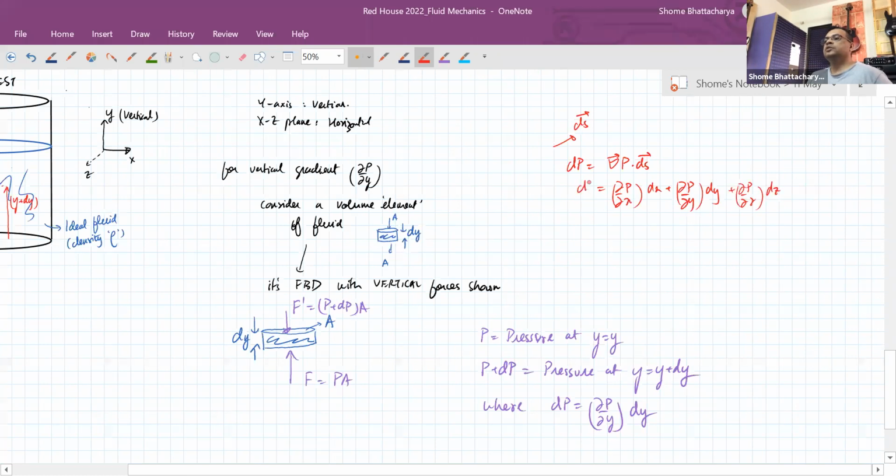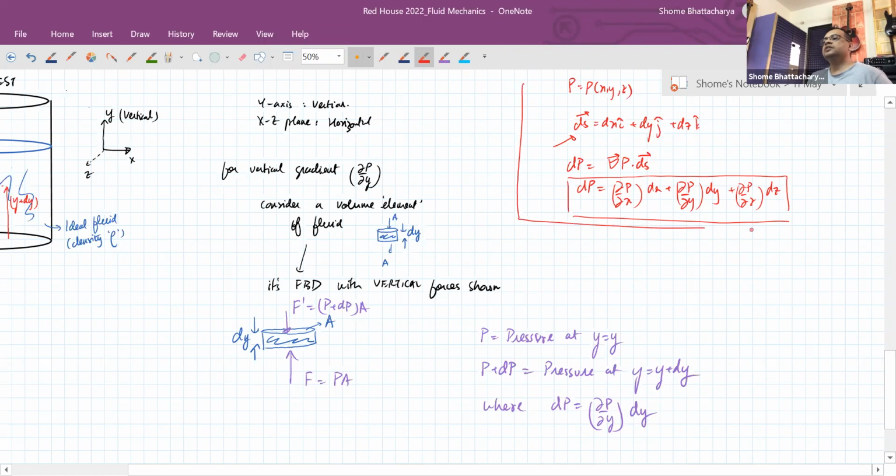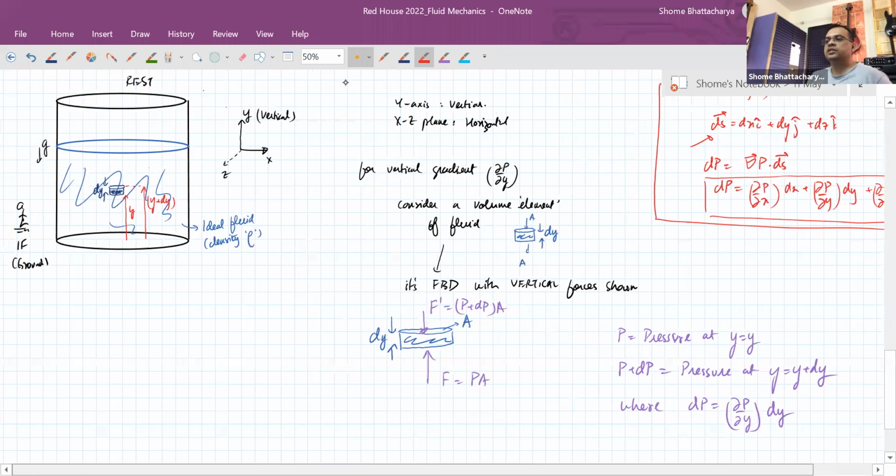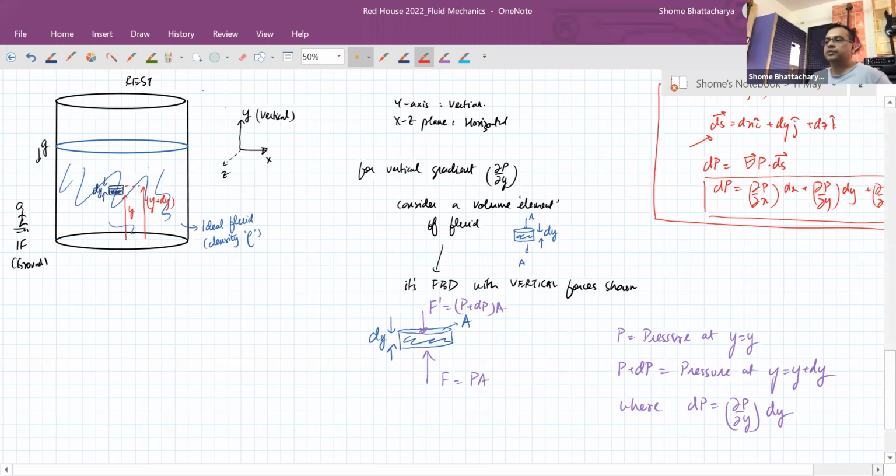Okay, so this should be the change in pressure when we go through a displacement of ds, because we are assuming that pressure is a function of x, y, z, suppose, and ds is a general displacement. In general, if I make a displacement which has all three components, then the change in pressure should be here. But in this case, as I'm going from the lower surface to the upper surface, I'm only making a vertical displacement.